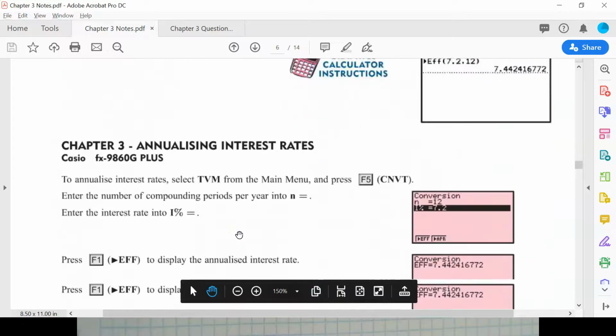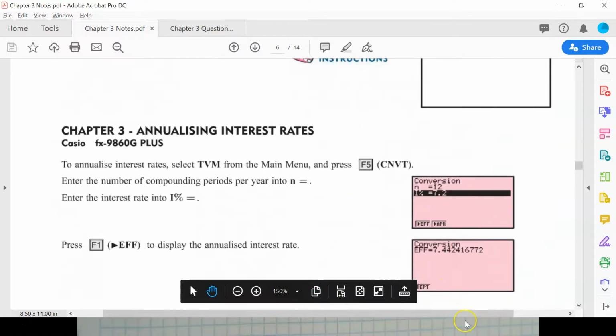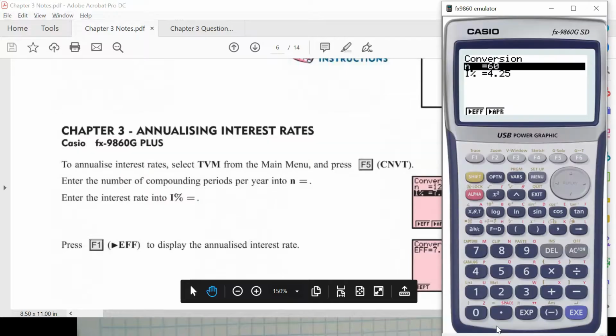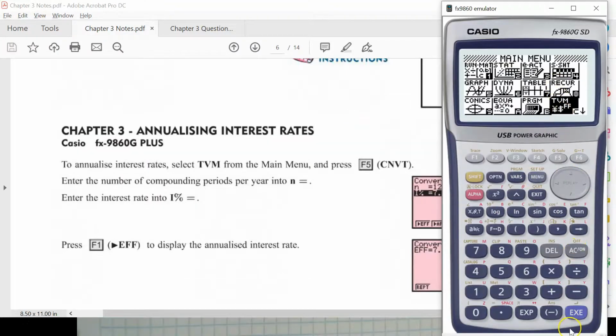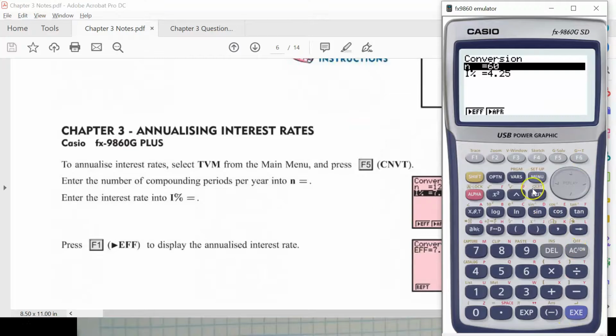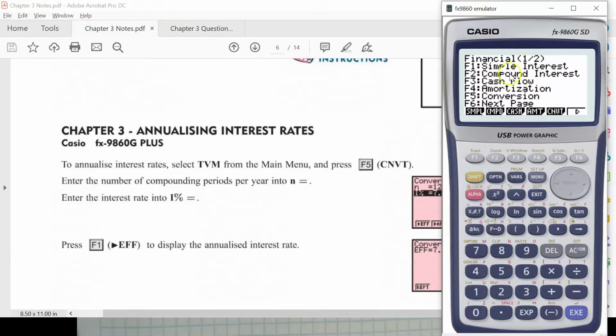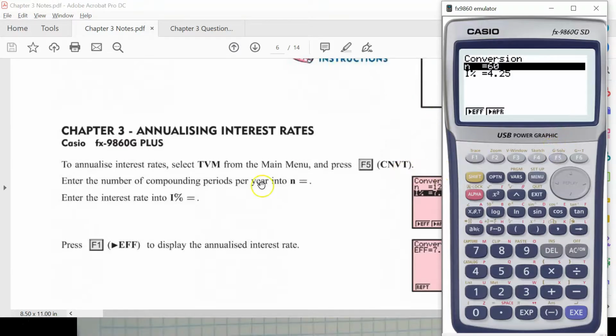Now we can do this annualizing of an interest rate using the graphics calculator also. So I'll just give a quick demo on how to do that. Again, in the mode TVM, you'll come to this screen here. The selection that we want this time is CNVT, so it's F5, and N is the number of compounding periods per year, and then I is the interest rate.